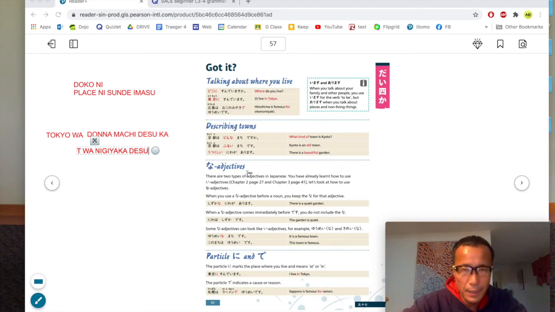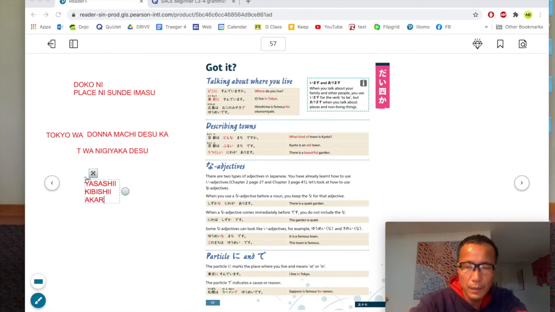Next one is な adjective. You guys have learned some い adjectives before. For example, 優しい, which I just used. Another one is 厳しい or 明るい. You have learned those い adjectives. Now here, you are also going to learn another type of adjective, called な adjective. For example, 静かな, 有名な.